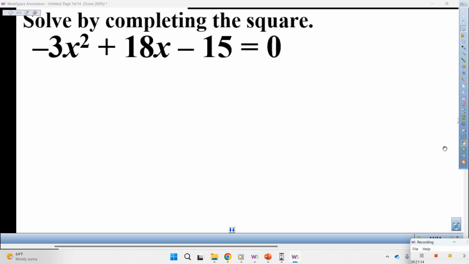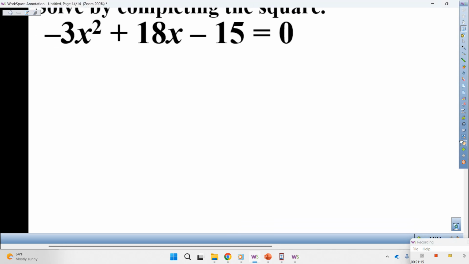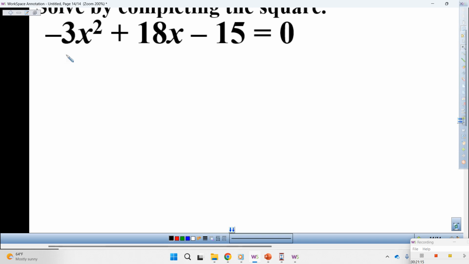All right, here we go. Elijah, what is our first step? Before that, what do we need to check? Standard form. Is it in standard form, everyone? Yes, from highest to lowest and equal to 0. We're good. Next, we need to divide by what, Alessandra?